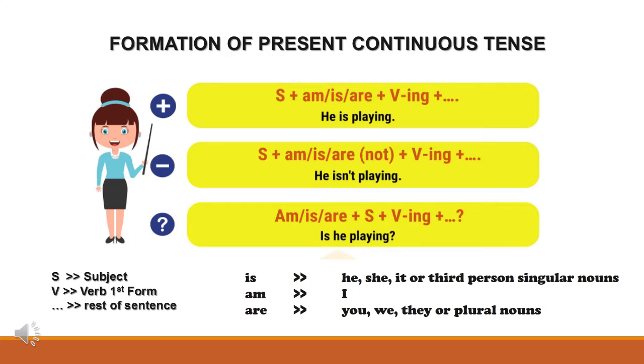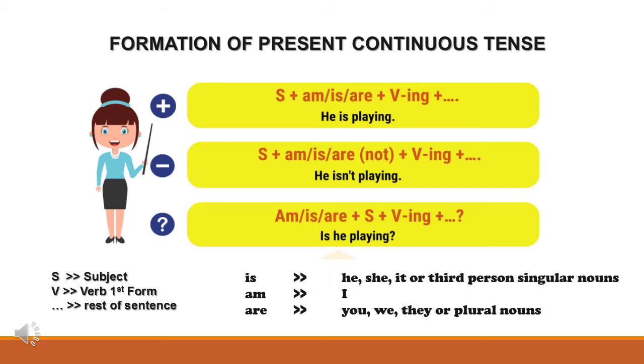S plus am/is/are plus V-ing plus dot dot dot. Now, let me explain to you the components of this structure. S stands for subject, am/is/are are your helping verbs or auxiliary verbs. V-ing is your verb first form plus ing, and these dots stand for the rest of the sentence.